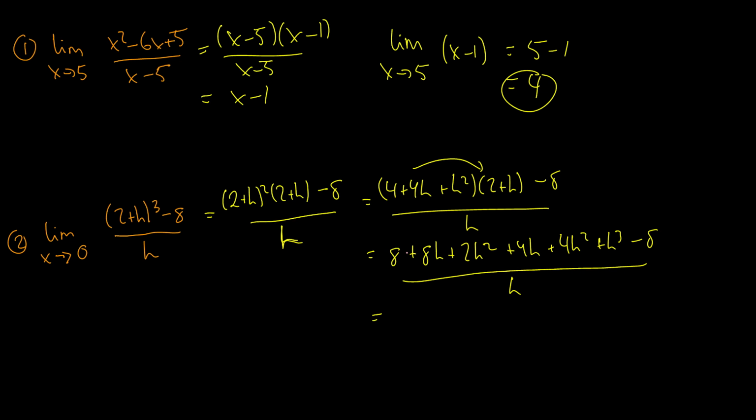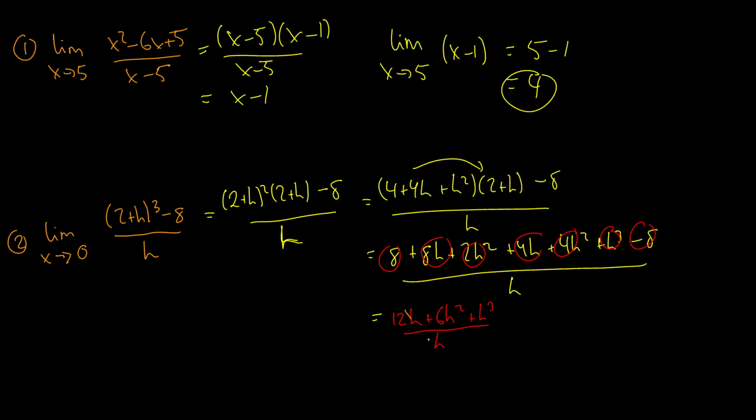Now let's start simplifying. Well, 8 and minus 8 will cancel, so then we have 8h plus 4h, which is equal to 12h. 2h squared and 4h squared is 6h squared. And h cubed is just h cubed, over h.